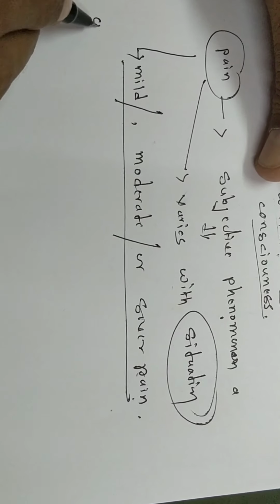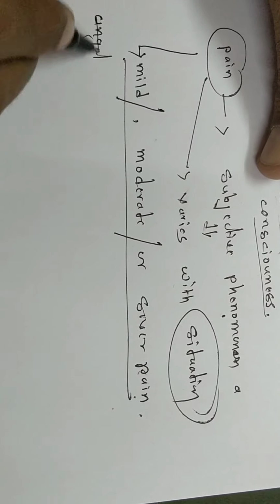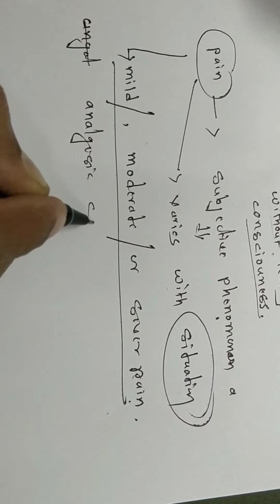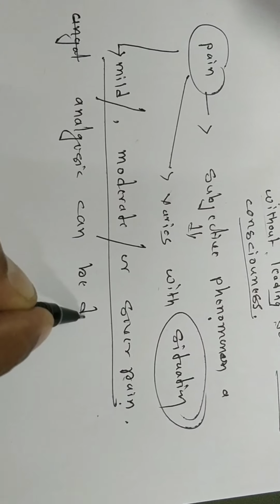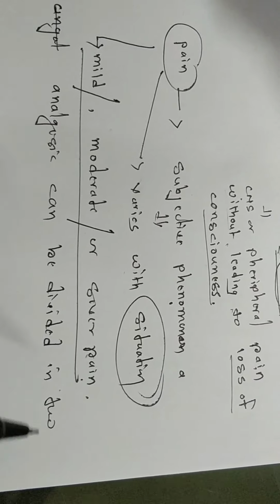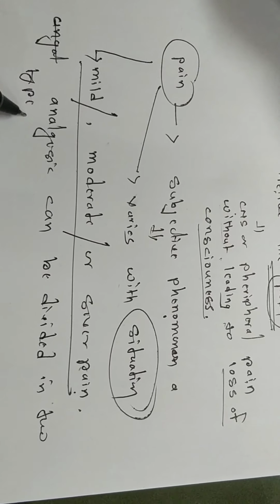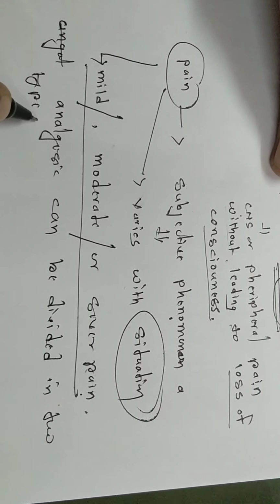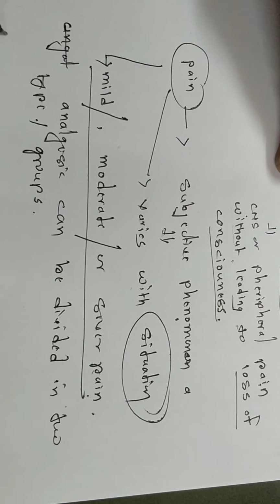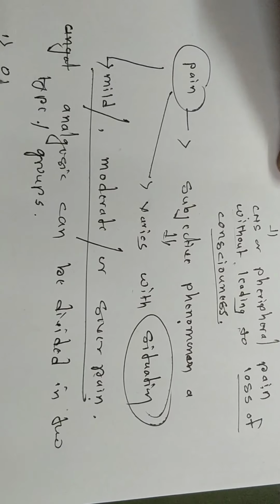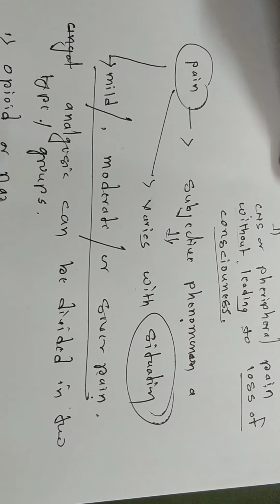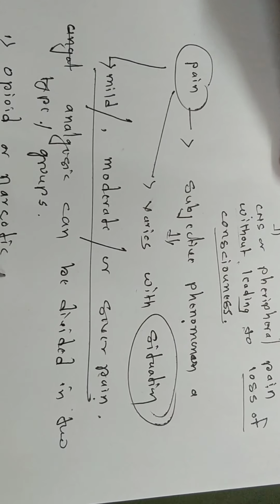Analgesics can be divided into two types or two groups. First, opioid or narcotic analgesic.